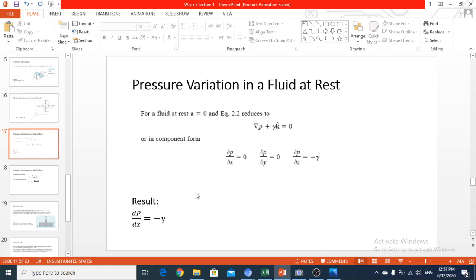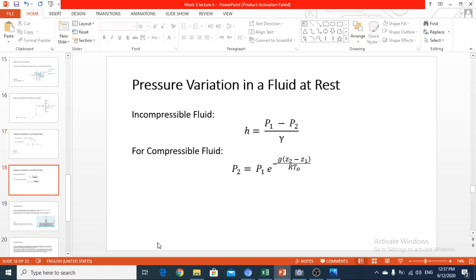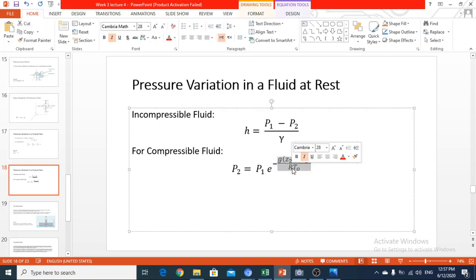So this is the general equation for the fluid at rest, and then this is the general equation for incompressible fluid like water, liquids, and for compressible fluid you have to use this relation. Here again I write this equation, and this R is equals to 8314 value divided by the molecular weight.